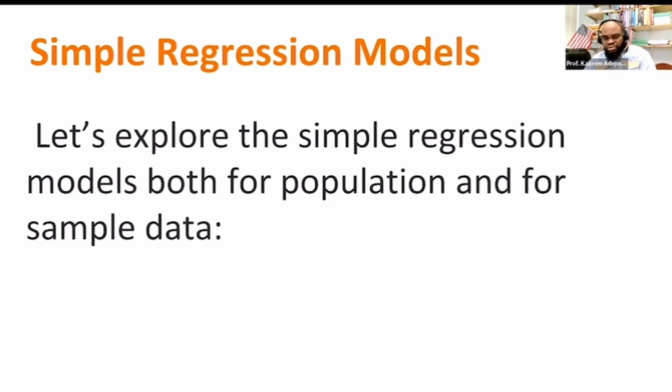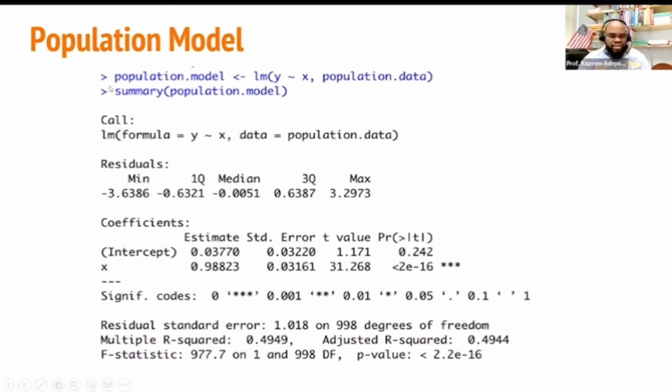Then we're also going to do the same for the sample data, and we're also going to observe the same. Now, I want to take a look at what I have now. Okay, I'm using population data. I'm using 1,000 data, right? And I regress Y on X, and this is my estimate of the intercept.